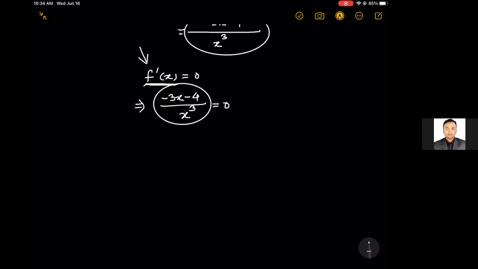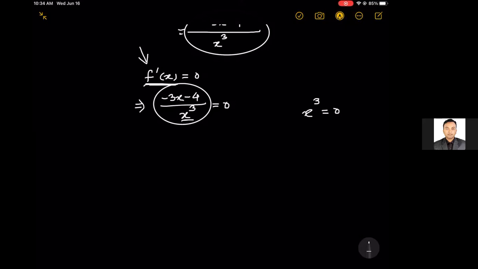I've given you all the hints. No one? For that, you just need to see for which values your denominator gets 0.